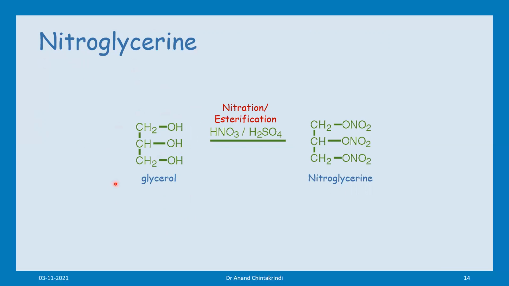So, you start with glycerol. You esterify in the presence of a nitrating mixture, that is concentrated nitric acid and concentrated sulfuric acid. So you get the attachment of a nitro group, NO2 group, at each of these hydroxyls. You can call this a nitration reaction because you are using a nitrating mixture here.